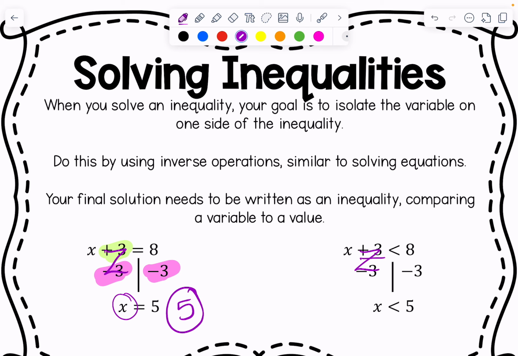My 8 minus 3 is 5. When we have an inequality, we have to be sure to write our final solution as an inequality. So x doesn't just equal 5, x is any value less than 5. So we need to make sure that we communicate that in our solution by writing out the whole inequality comparing a variable with a value. So x is less than 5.